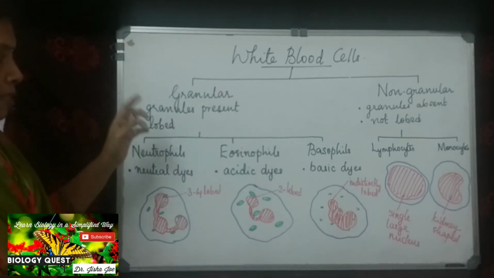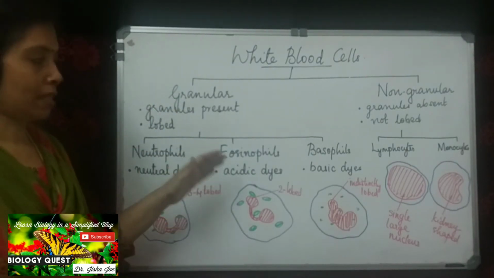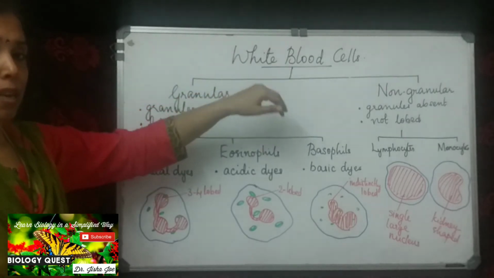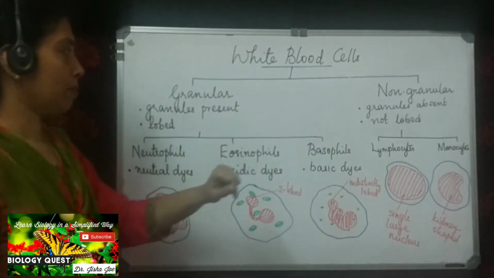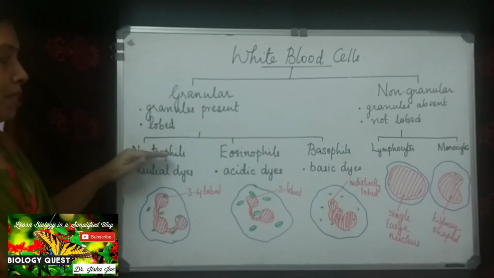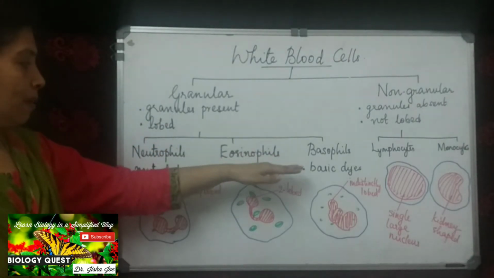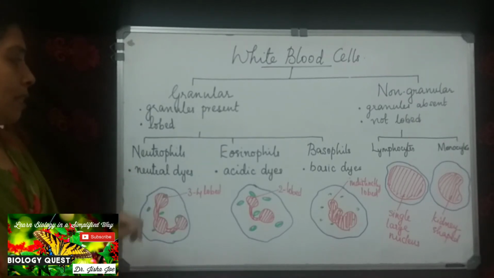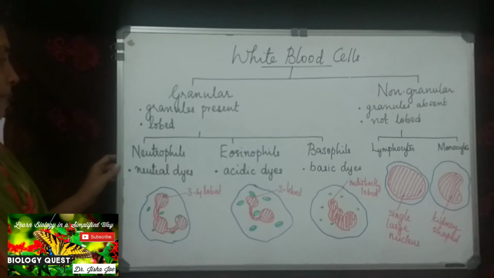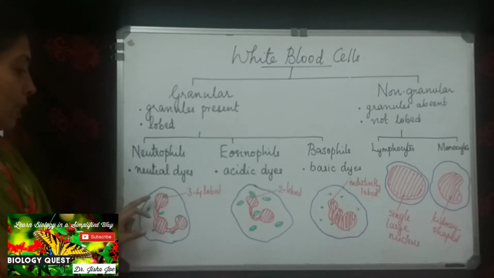So once again, moving on to the classification, WBCs are classified into two: granular WBCs and non-granular WBCs. Granular WBCs are classified into three based on the number of lobes of the nucleus and the type of stain used to stain them. Neutrophils are stained by neutral dyes and have a 3 to 4 lobed nucleus.